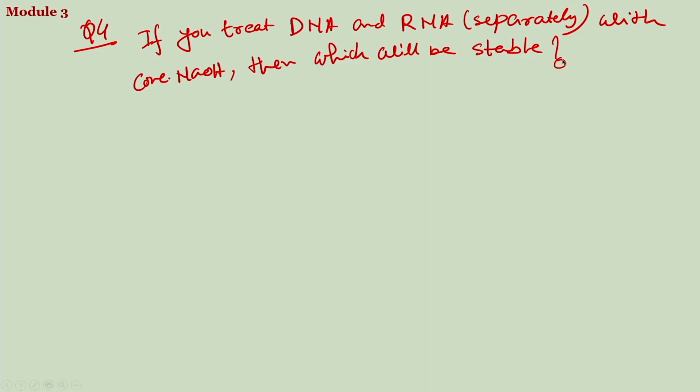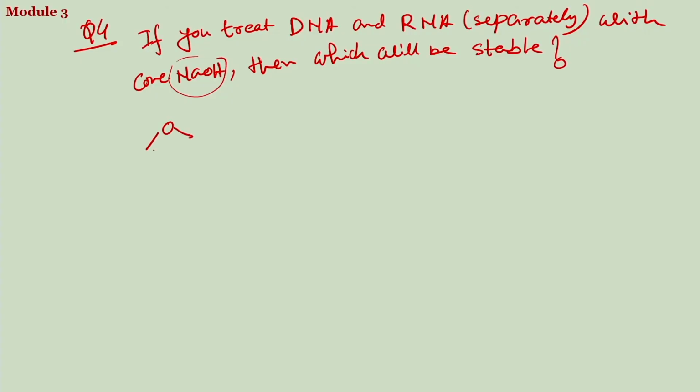Is DNA stable in sodium hydroxide, or will RNA be stable in sodium hydroxide, or will none of them be stable in sodium hydroxide? So, this is base, so this is your DNA without the hydroxyl.